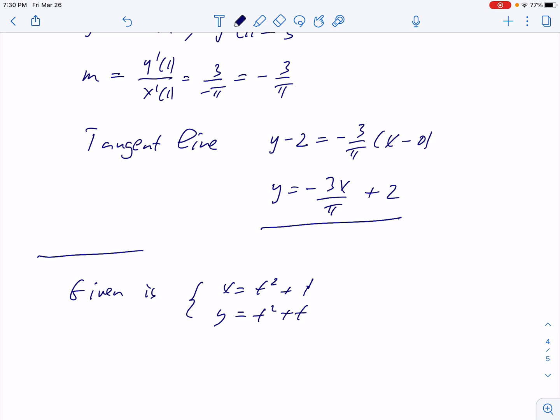The question is, for what t is the curve concave up?